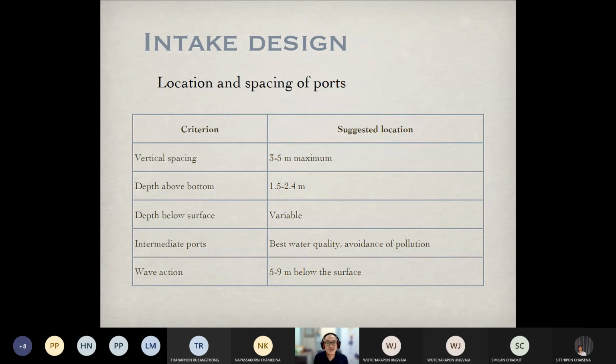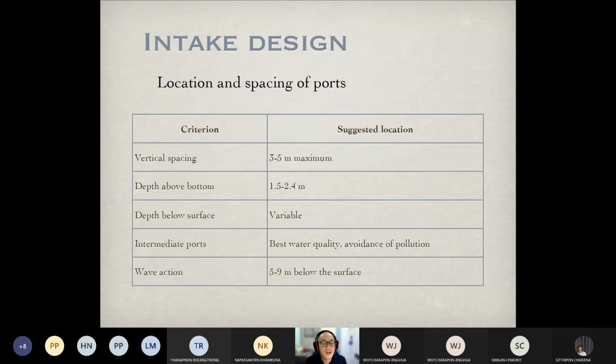Other criteria are spacings of the ports. Vertical spacing should be 3 to 5 meters. The depth above the bottom should be 1.5 to 2.4 meters. Depth below the surface is variable depending on the qualities of water.